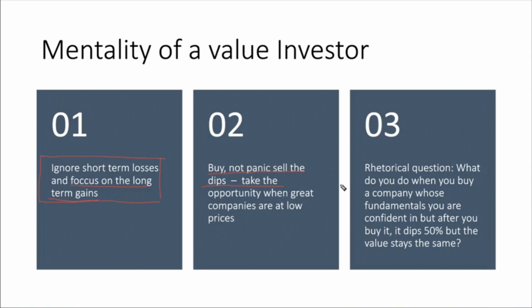Other than that, the better opportunities are only in financial crises, where the stock market can drop by bigger margins, like even 70 or 80% in a big crisis. So you need to take the opportunity when great companies are at low prices.